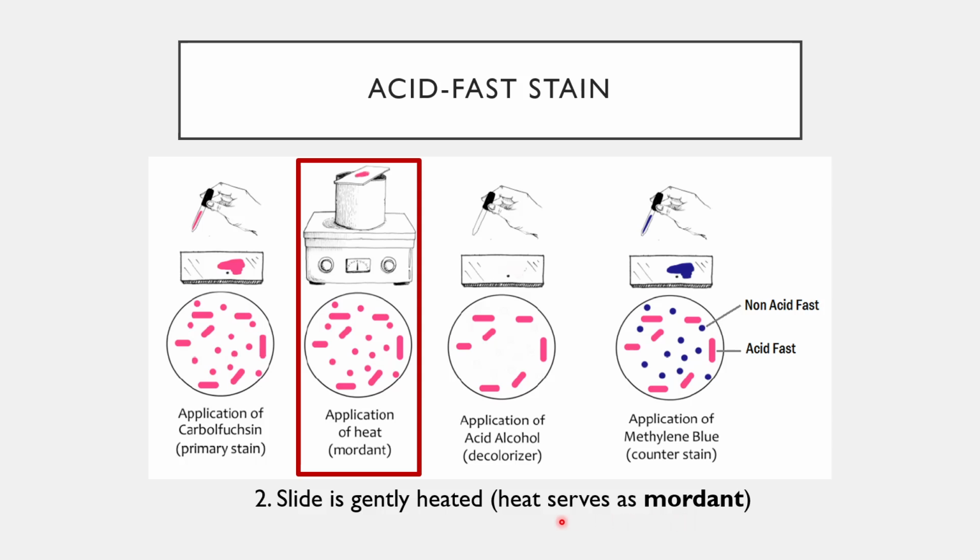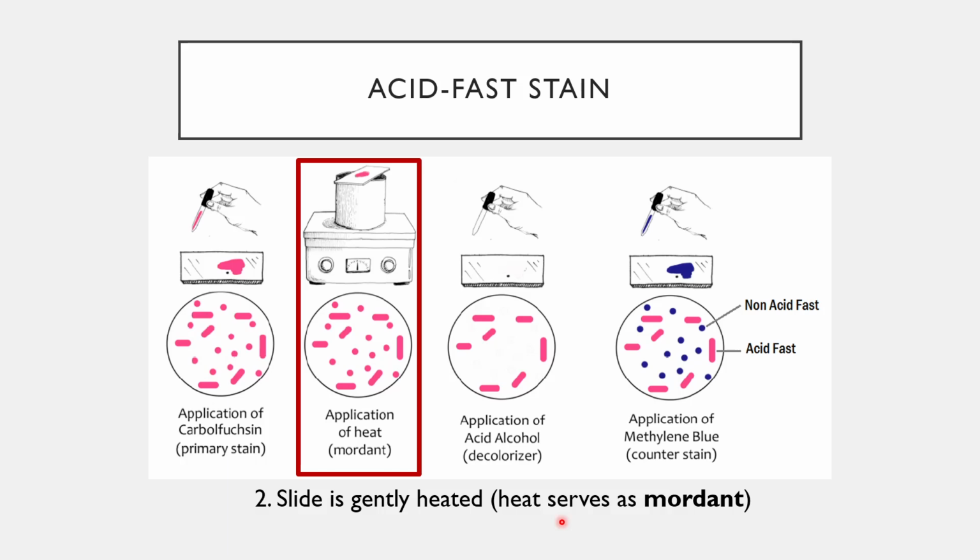And one thing that we know about wax is that with the application of heat, it melts. So in this case, the application of heat will allow the primary stain of carbol fuchsin to drive through the outer layer of cell wall, through that waxy substance, all the way into the cell membrane.